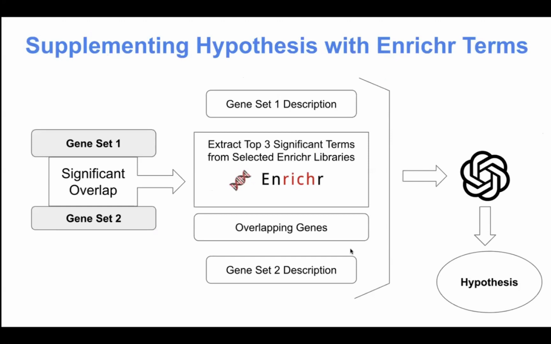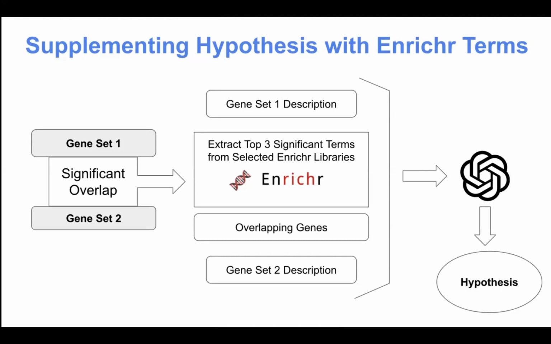So I talked about supplementing the hypothesis prompt with some data level analysis. In this case, we could think about giving it terms from certain Enrichr libraries that are significantly overlapping with our overlapped genes. So what are some functions that these two gene sets might have in common?